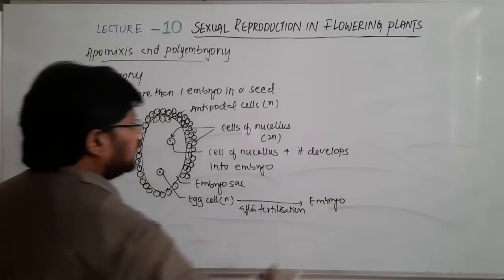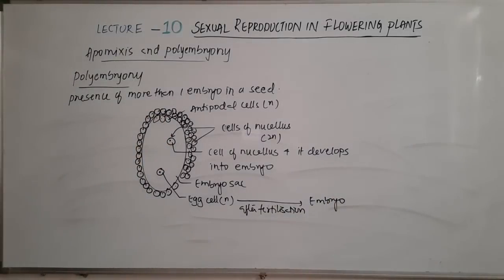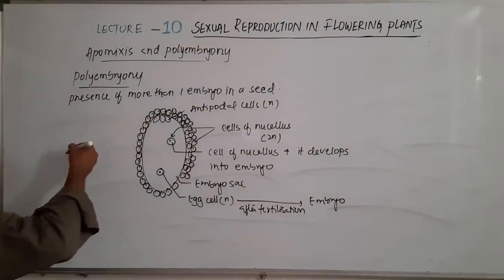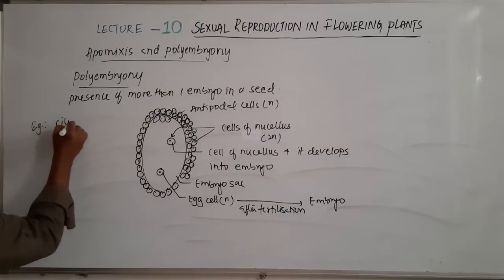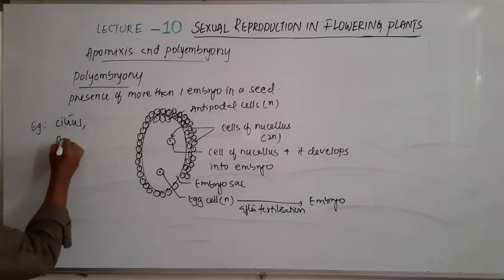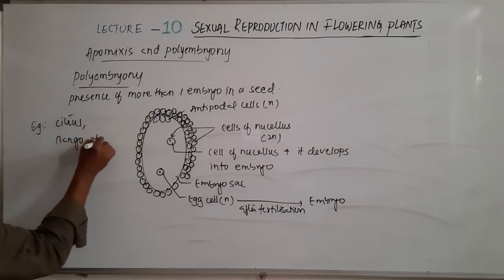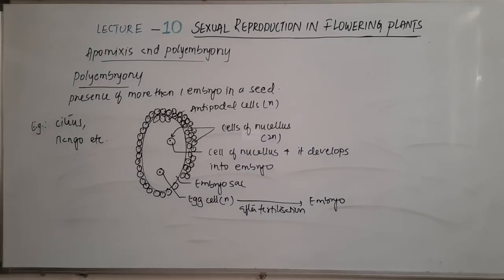So you can see there is more than one embryo inside the seed. That condition we call polyembryony, and we can see it in plants like citrus, mango, etc. You will find this condition called polyembryony.